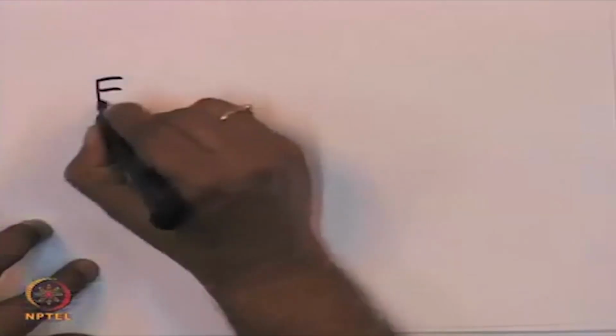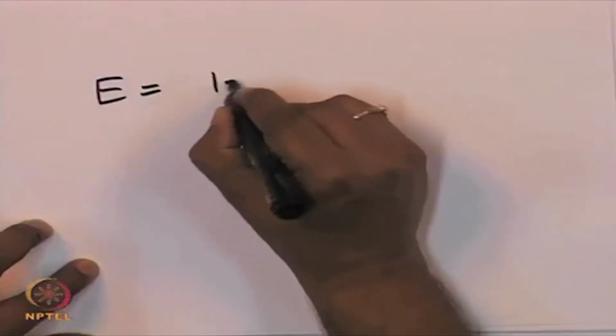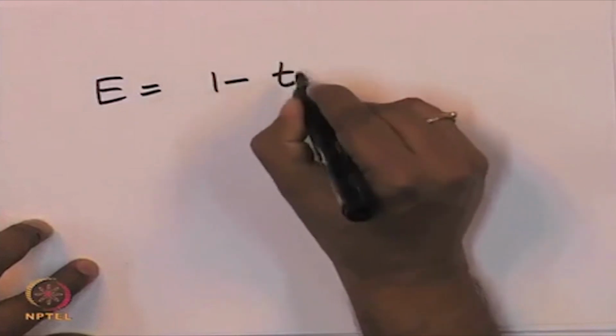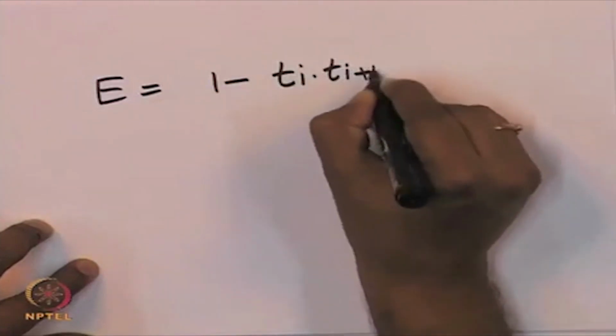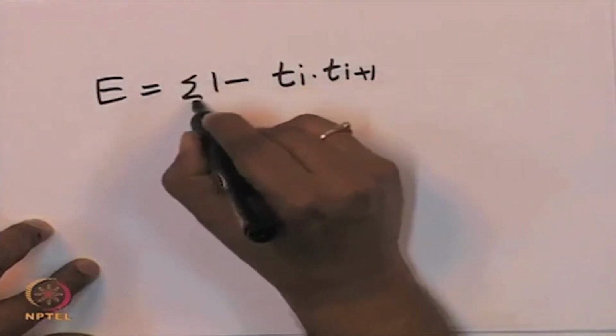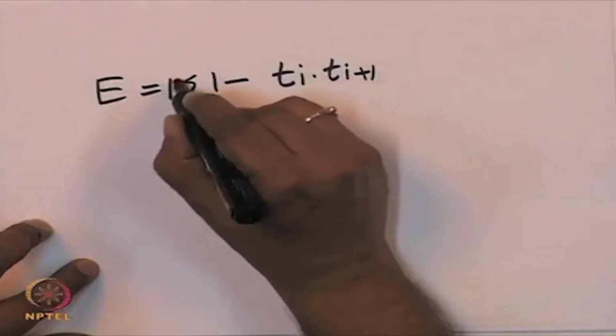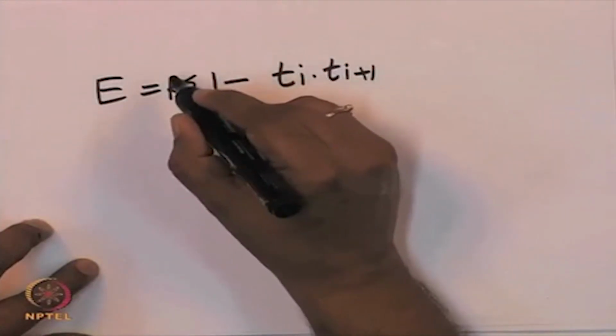So, this is the bending energy, and we can convert. It turns out that this can also be written as E is equal to sum over I of 1 minus T_I dot T_(I+1), and there is a different kappa.